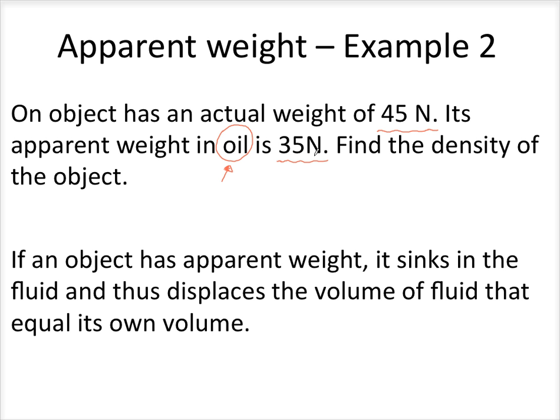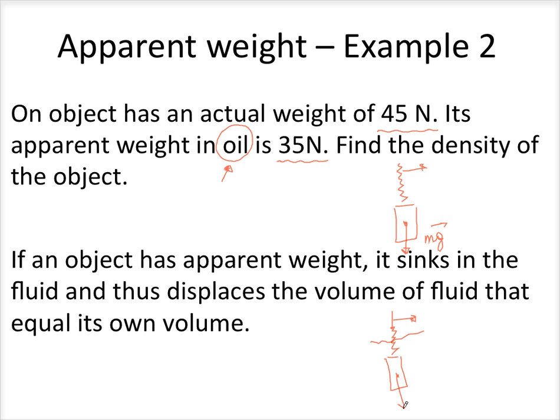Since this object has apparent weight, that means that it sank. Because how do you figure out apparent weight? If we measure the actual weight, we can use the spring scale, and it will tell us how much the object weighs because it basically measures the force of gravity. If, however, we place the same object into some kind of fluid, we will have two forces working against each other.